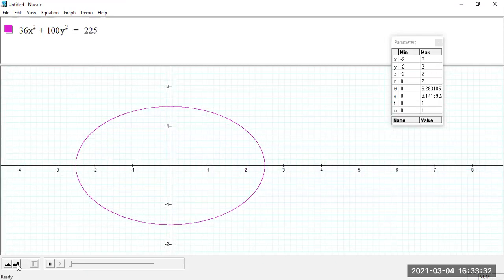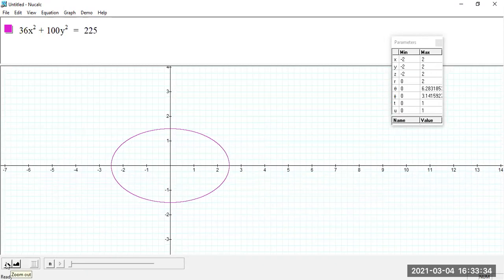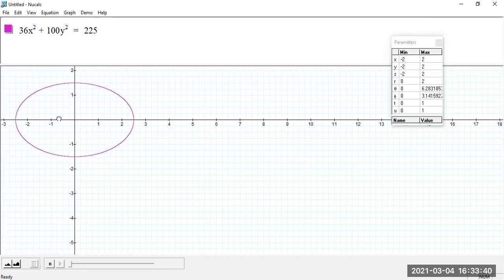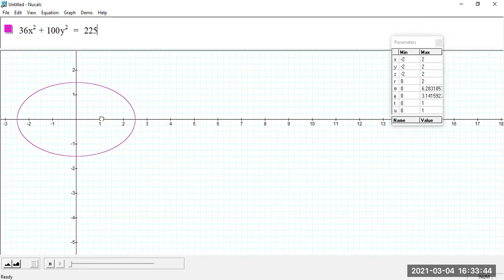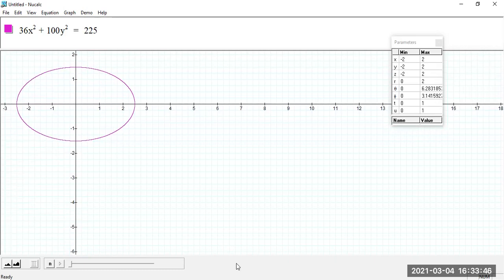Enlarge that a little bit. Oops, too big. Now, screenshot. Put it back to our notes.